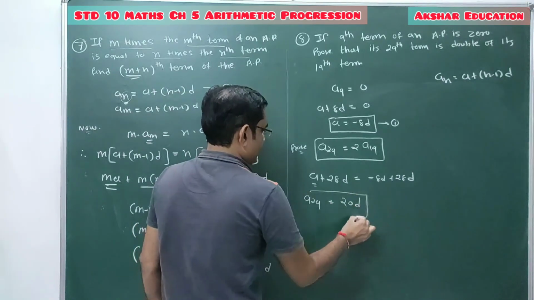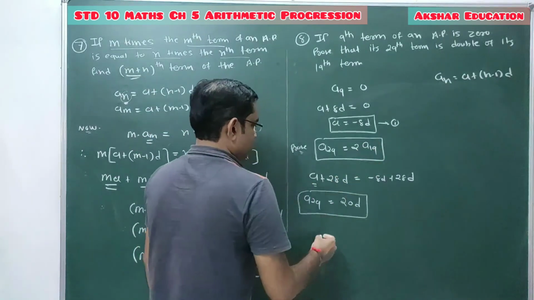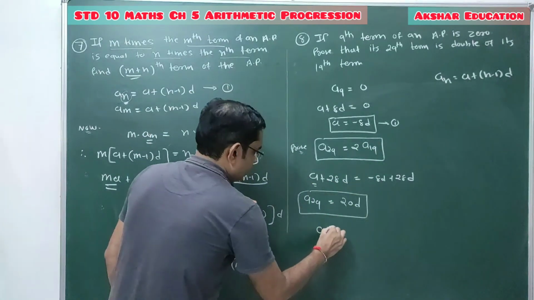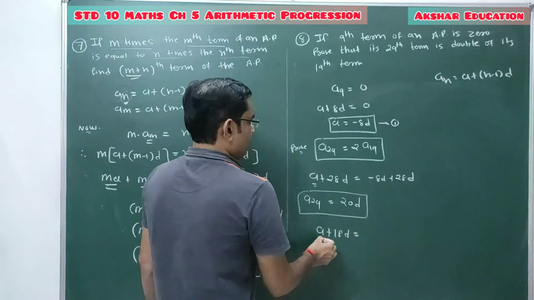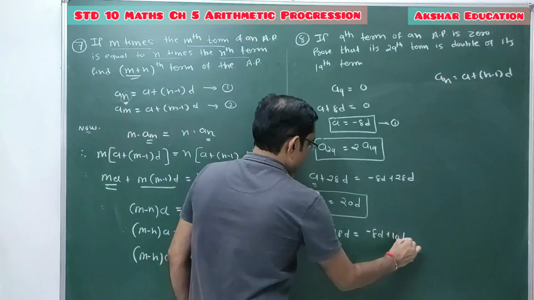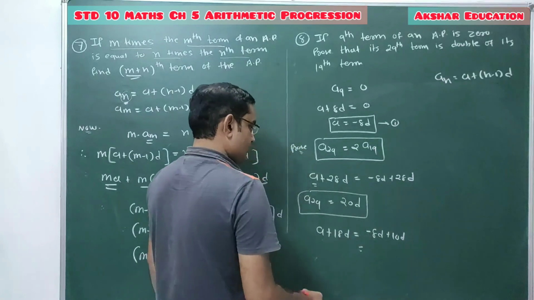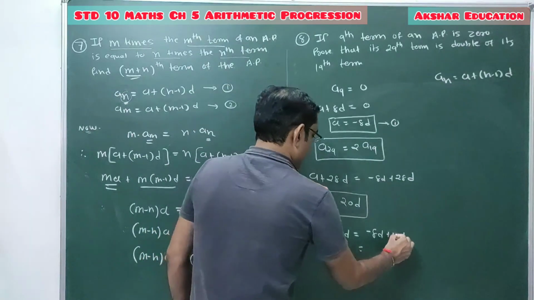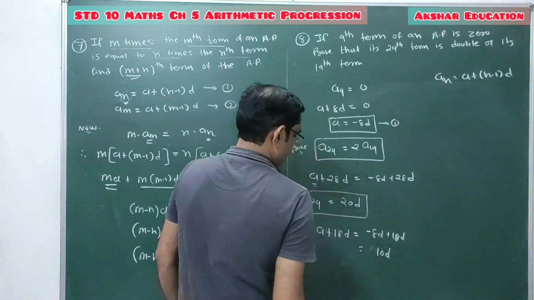This is 20d. And what is 19th term? 19th term is nothing but a plus 18d. What is a? a is minus 8d. Minus 8d plus 18d, which is equal to 10d.